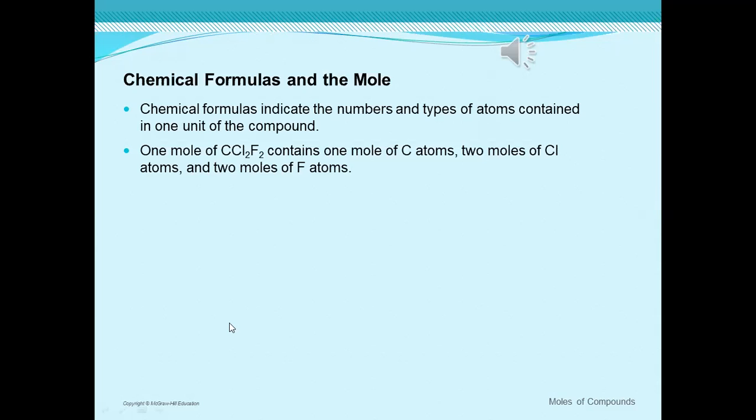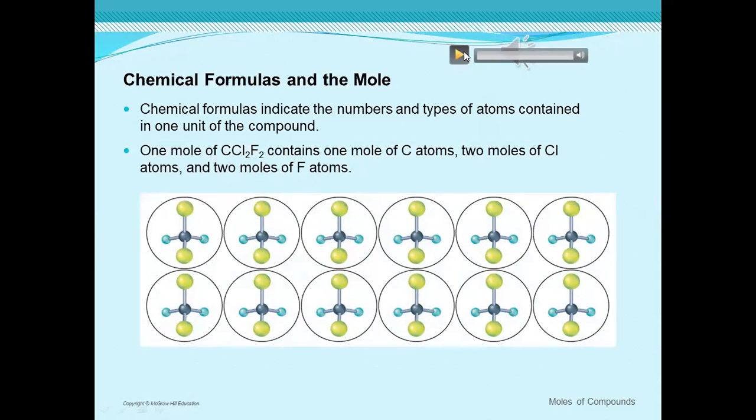As this compound consists of 1 carbon atom, 2 chlorine atoms, and 2 fluorine atoms, 1 mole of this compound contains 1 mole of carbon, 2 moles of chlorine, and 2 moles of fluorine atoms. Listen, 1 mole of CCl2F2 contains 1 mole of C atoms, 2 moles of Cl atoms, and 2 moles of F atoms.